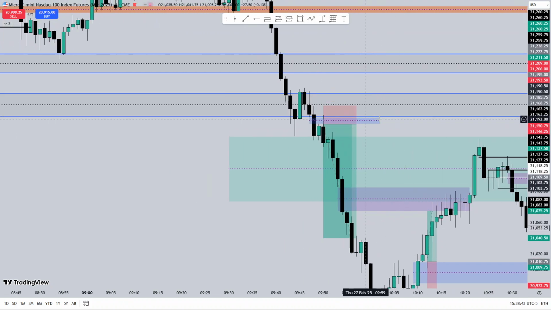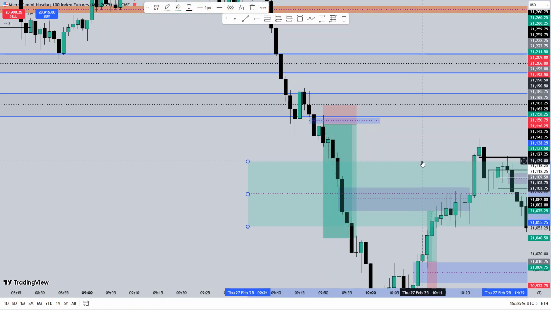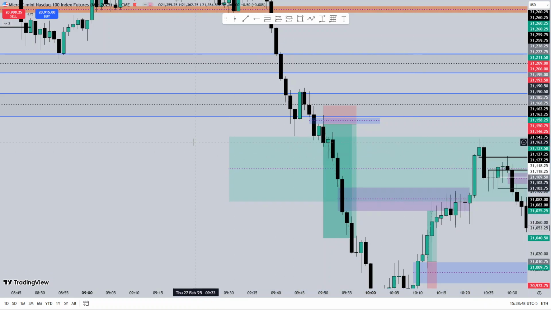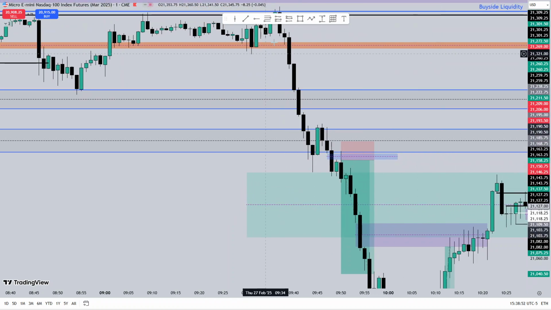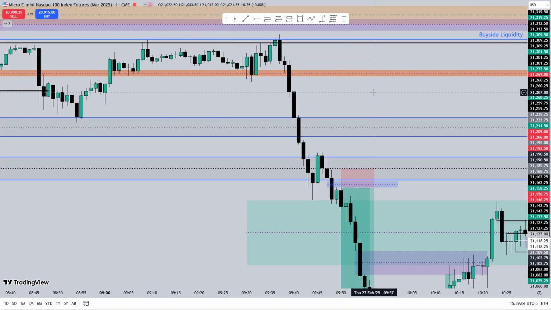Why I took this entry: on the 15 minutes chart, I saw that the 15 minutes candle closed below this level. Then I was confirmed that this gap has the power to reverse the price and take those extra, obvious buy side liquidities.